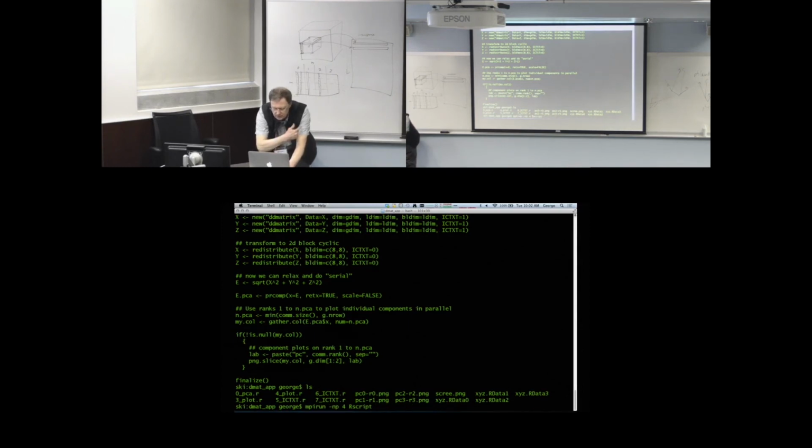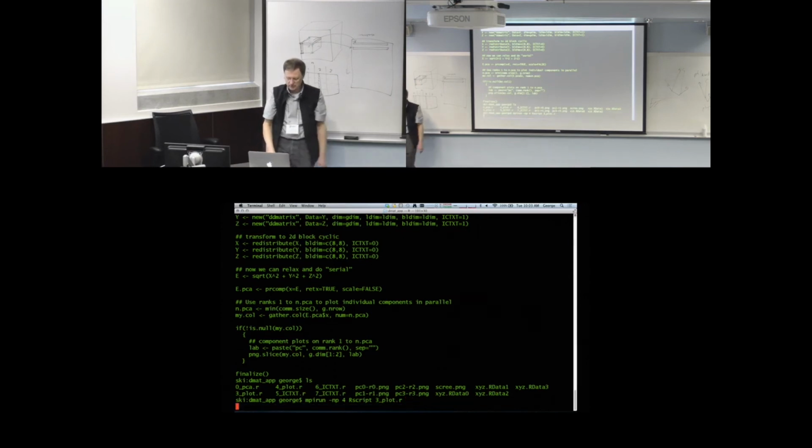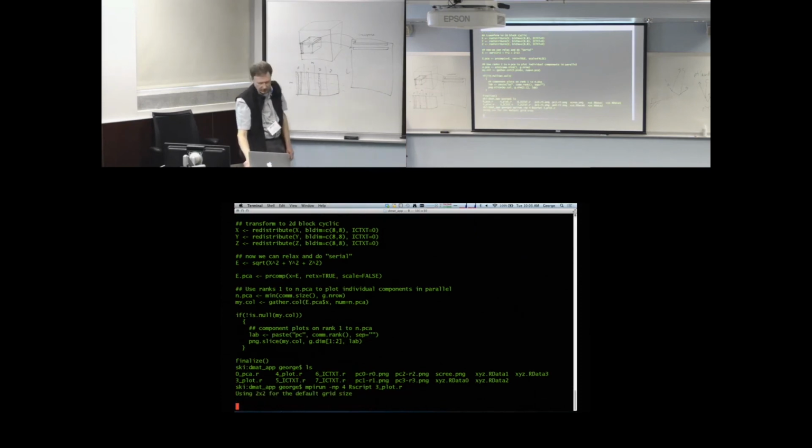So this one actually plots the first 4 principal components, and I'll show you that. I'm going to first do this one, which actually does quite a few more of them. This function actually plots the slices of that.